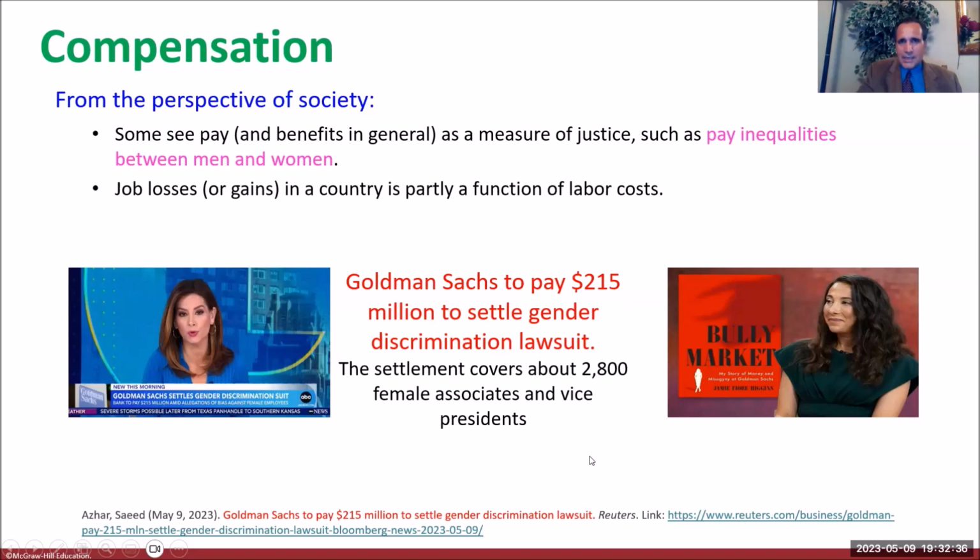$215 million. That's got to be a large sum of money. Not only the shareholders don't like that, but employees don't like that. And certainly the management of the organization does not like that. But nonetheless, the management agreed, right?